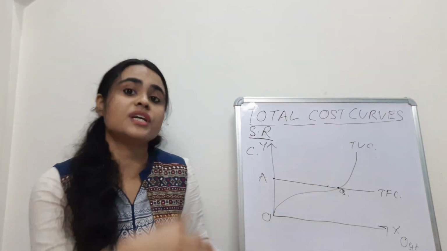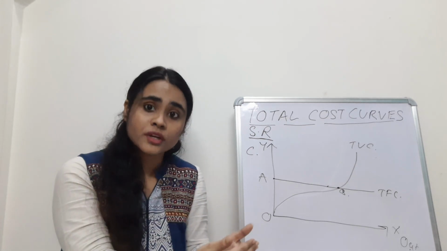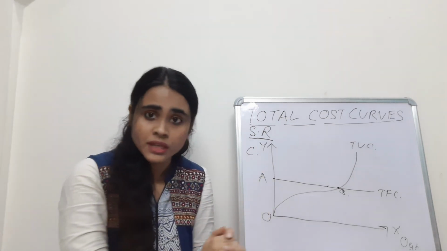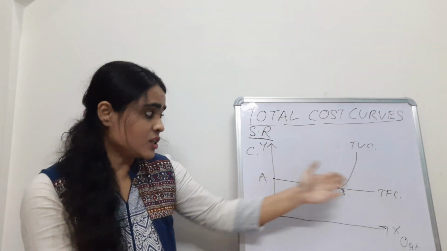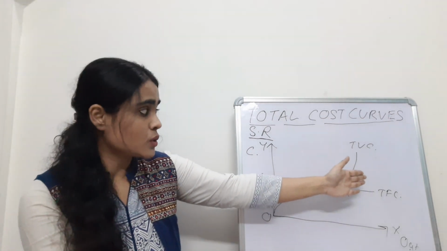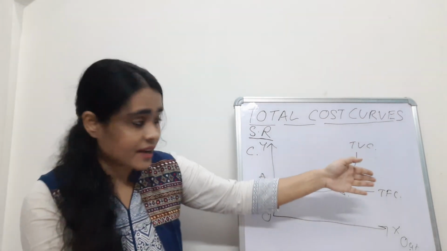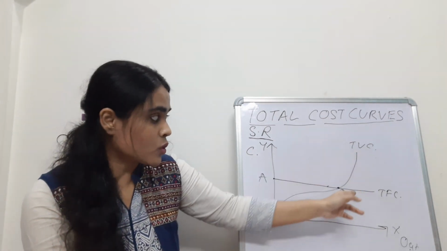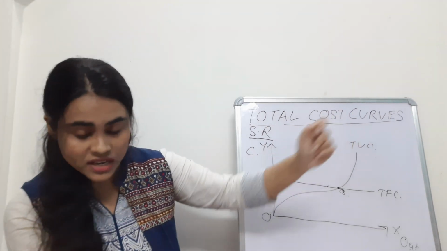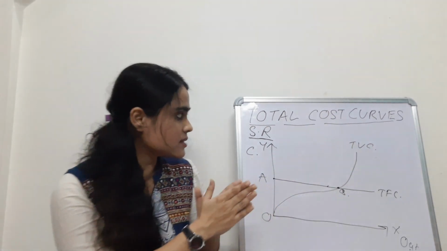So that is why we are now using more of the variable inputs rather than the fixed inputs. So cost will be higher. That is why total variable cost is rising upward. So this is the case.